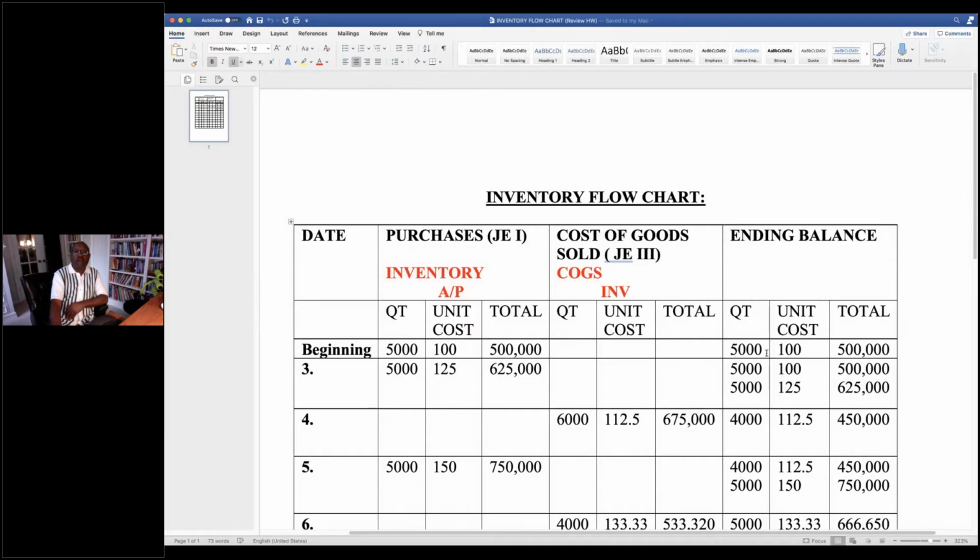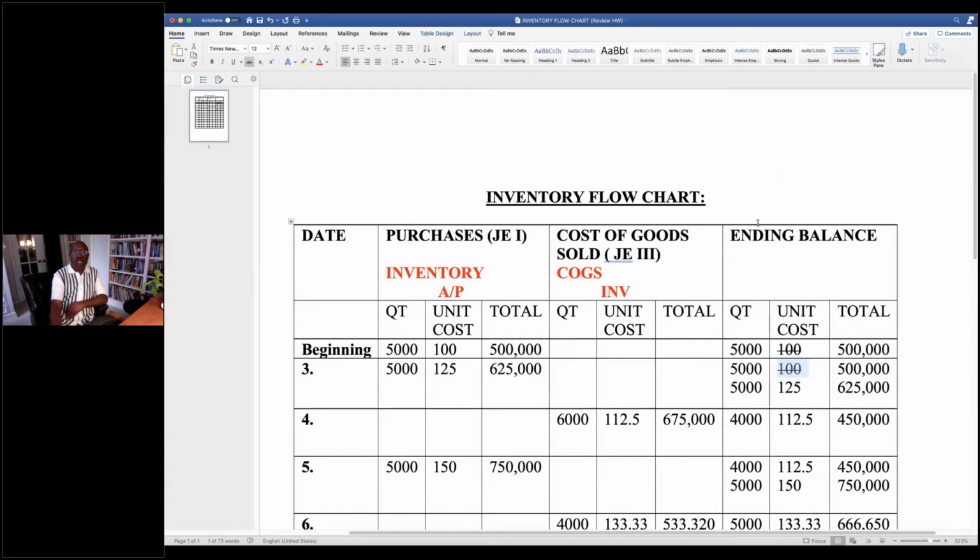Let's look at where we are. You got the 5,000 for the 100 for the 500,000, and then we took 1,000 from the 5,000 for the 125, and that was 125,000. So we added the cost of goods sold, those two in the middle, and that's how I got the 625,000. You've got to get our weighted average.